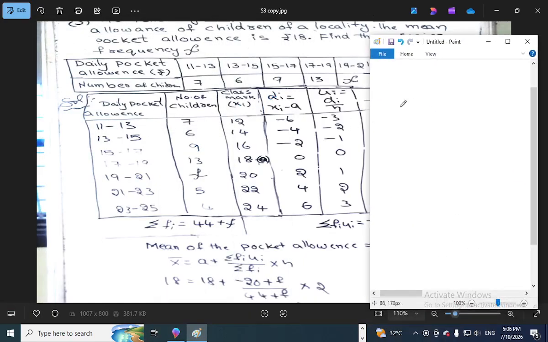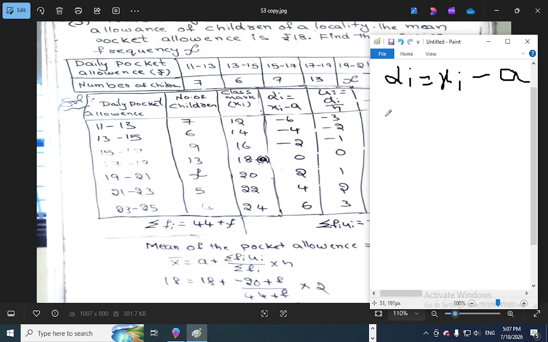So here we have the formula for deviation. Deviation di is equal to class mark xi minus assumed mean. This is the formula to find the deviation of each and every class from the assumed mean.